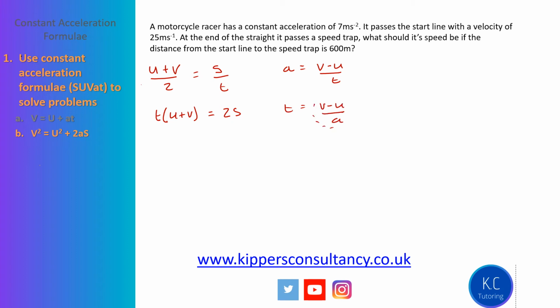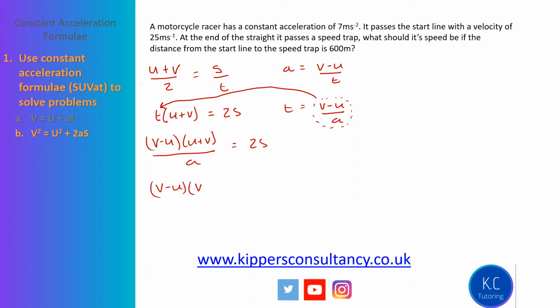I'm going to substitute v minus u over a into the original equation I produced. So I've now got v minus u, u plus v over a equals 2s. I'm going to multiply through by a. So I've got v minus u, v plus u equals 2as.